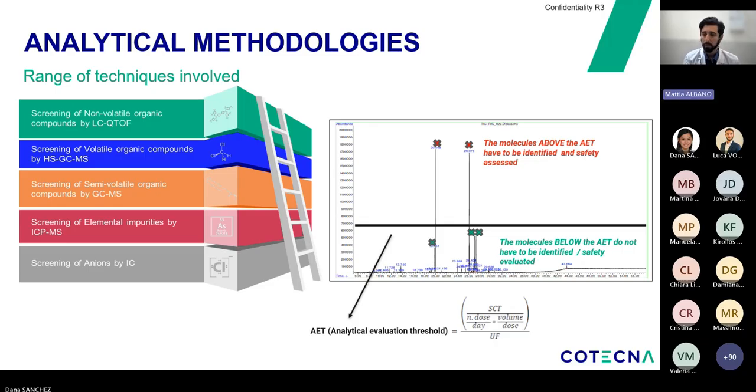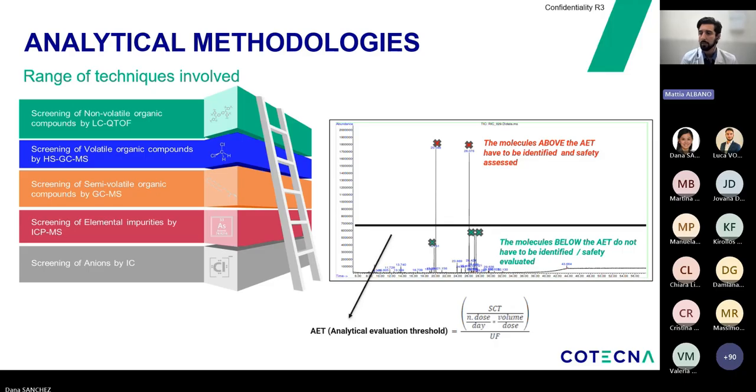From the analytical point of view and evaluating data, the key point is the AET, also called analytical evaluation threshold. This value is calculated taking into account the characteristics of the drug, so the number of doses per day, the volume of doses, and so on, and represents the edge of the evaluation of the data.